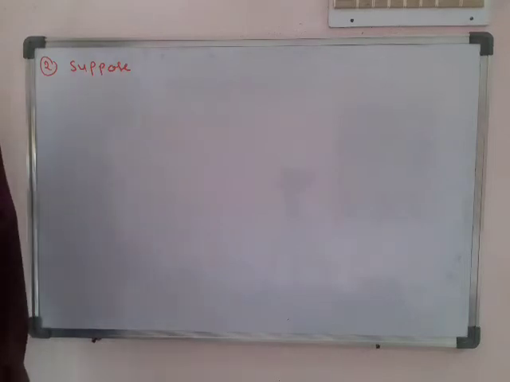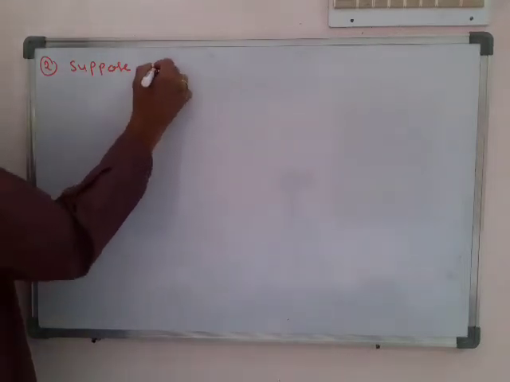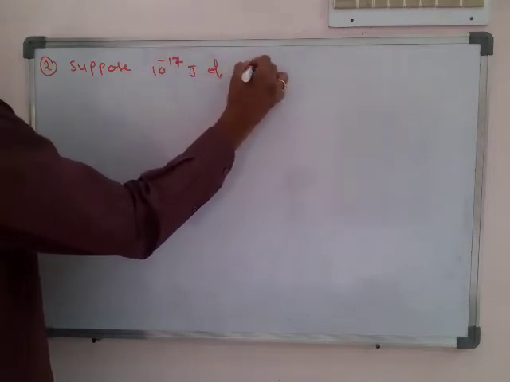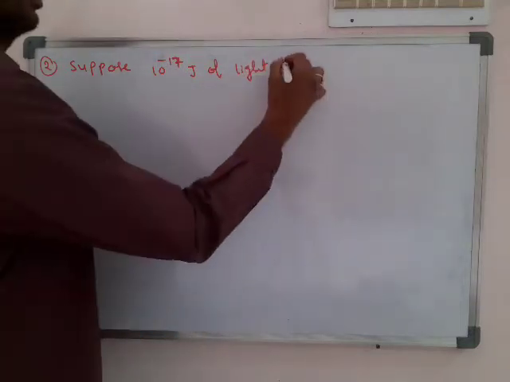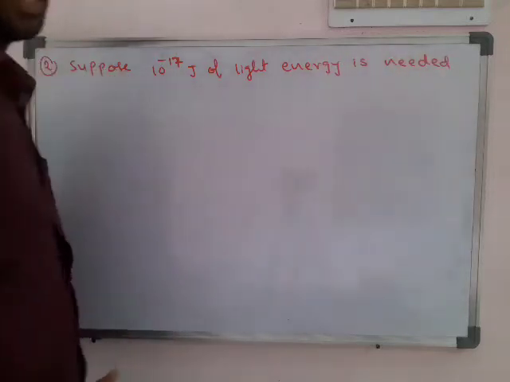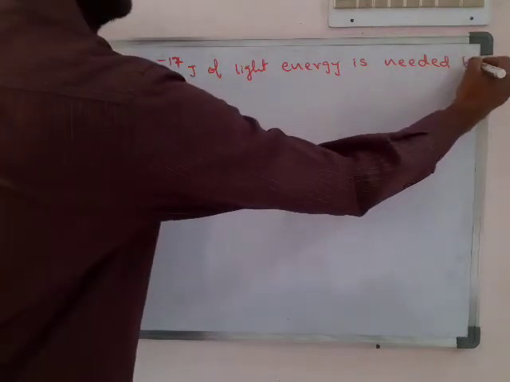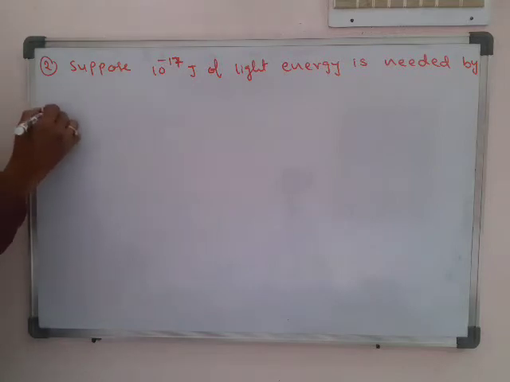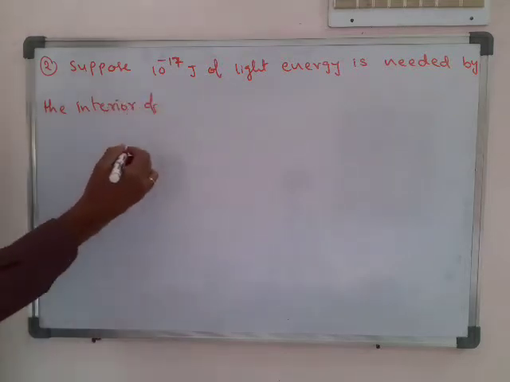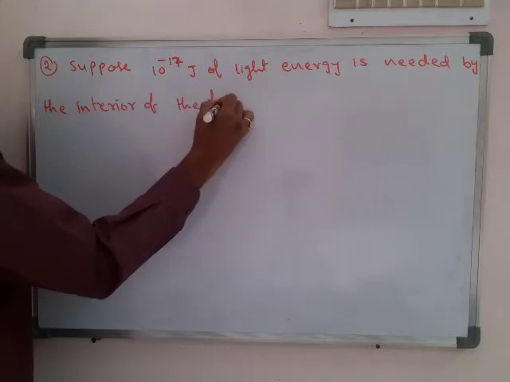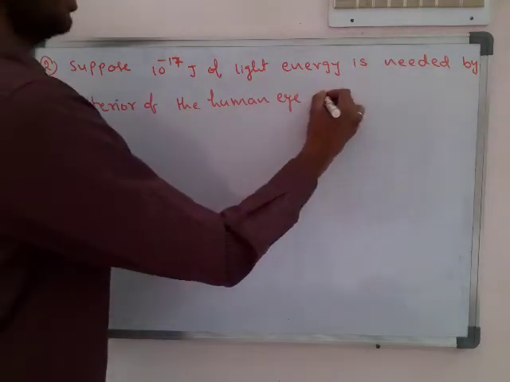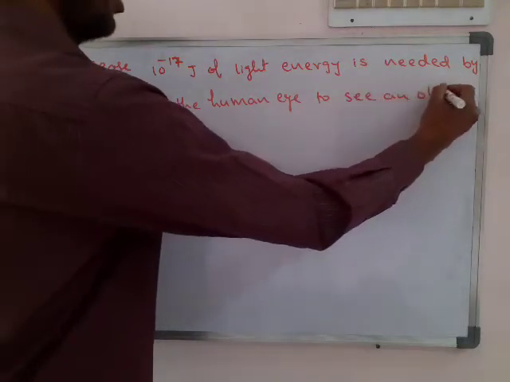Let's take another question. Suppose 10 power minus 17 joules of light energy is needed by the interior of the human eye to see an object.